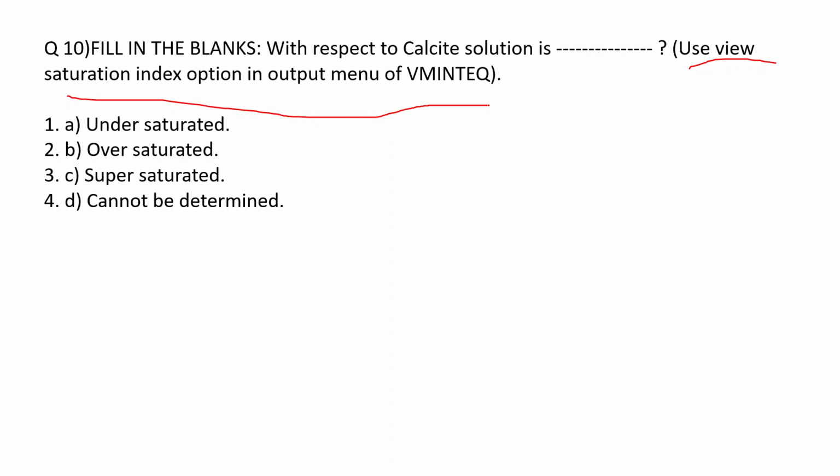With respect to calcite, a comma should be there to make the question clear. The solution which is in equilibrium with the atmosphere is undersaturated, oversaturated, supersaturated, or it cannot be determined. Please have a look at this and let me know how this will be solved. You can take a minute or two for solving this question.